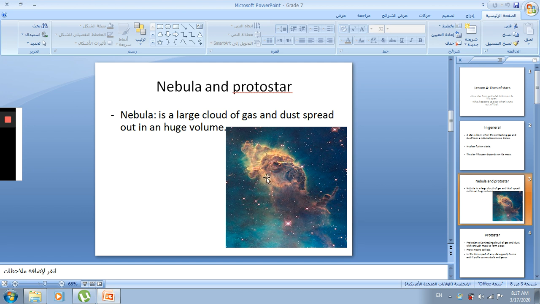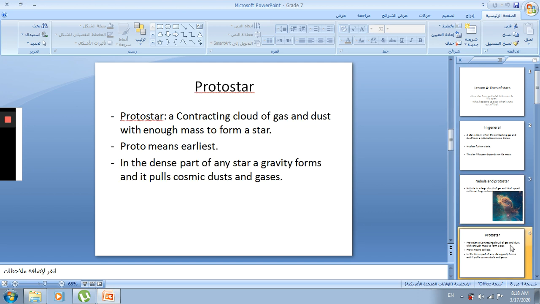The nebula can gather the cosmic dust and cosmic gases by a center gravity that absorbs these things to form a mass. This mass later becomes a star. A protostar is a contracting cloud of gas and dust with enough mass to form a star.